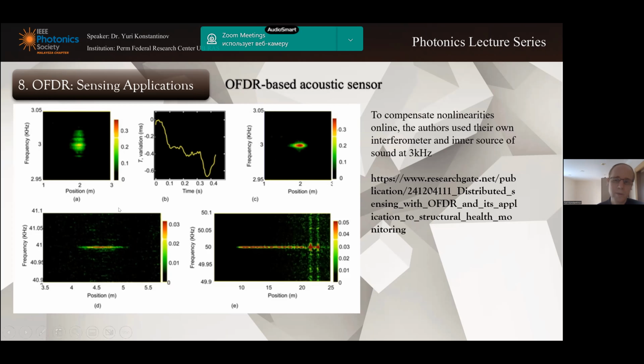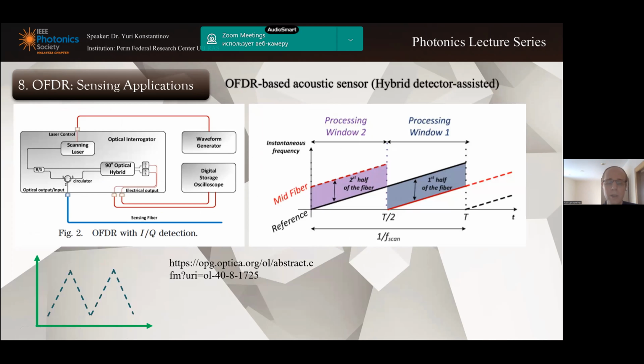Well, another interesting solution for an OFDR-based acoustic sensor. The researchers from Israel used OFDR with IQ detection, and they used 2 channels of the hybrid detector. Why do they use this?